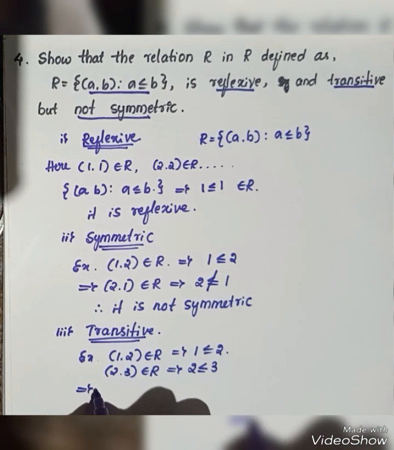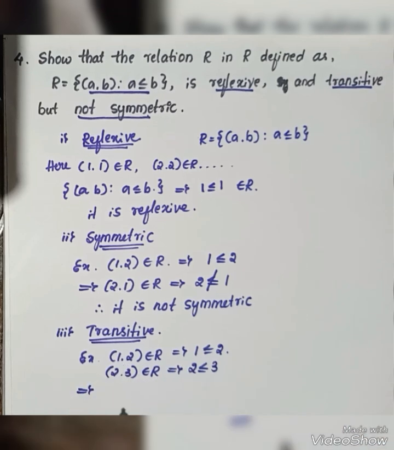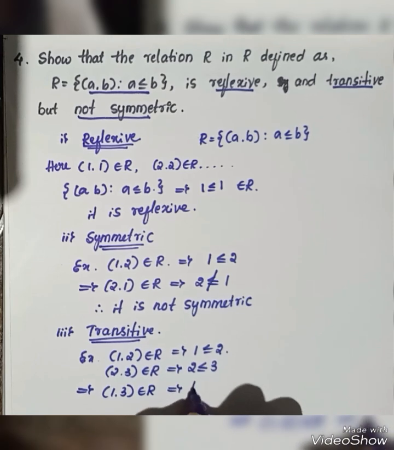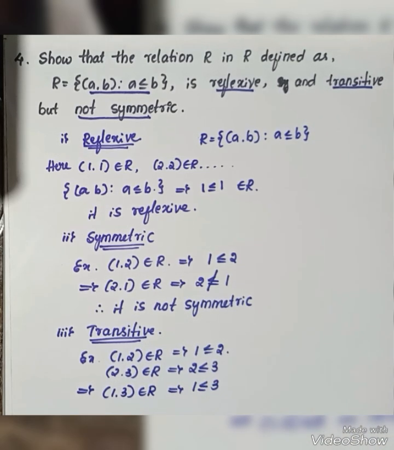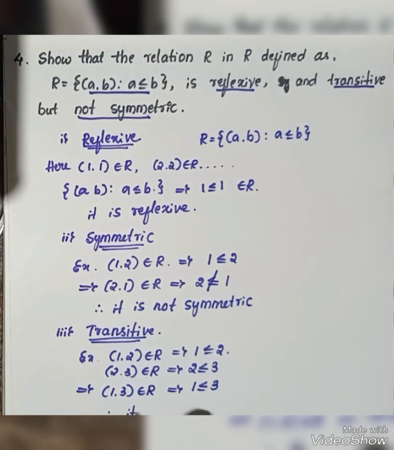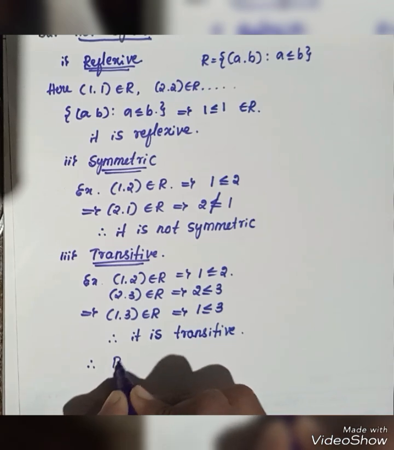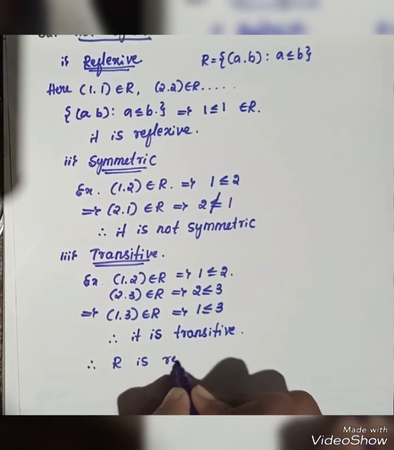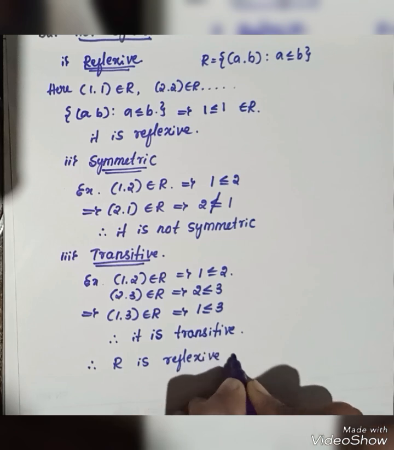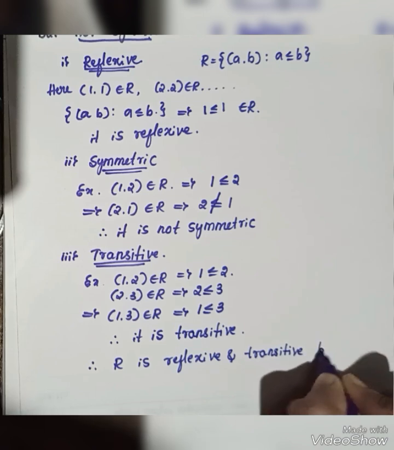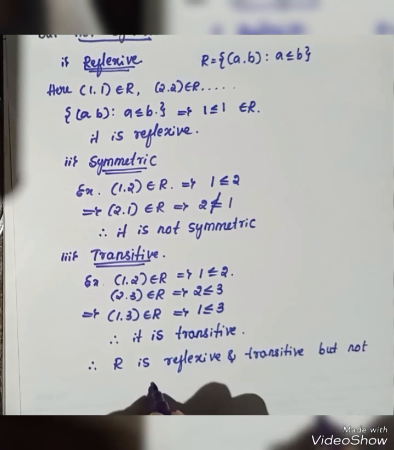By the transitive condition, we take the first and third element, that is (1, 3) belongs to R, that is 1 is less than or equal to 3. Therefore, it is transitive. Hence R is reflexive and transitive but not symmetric.